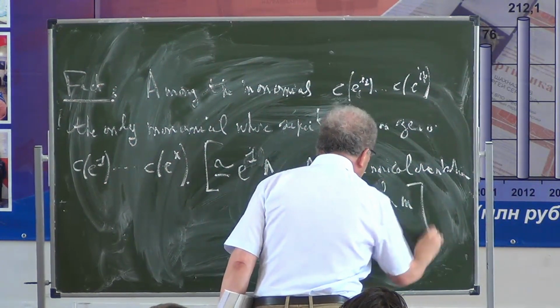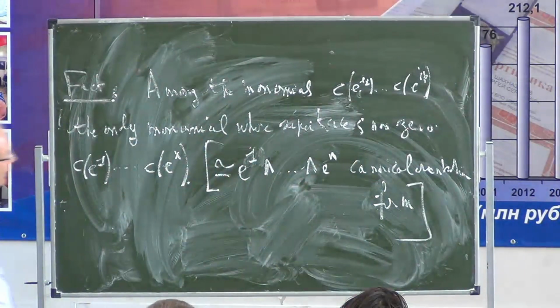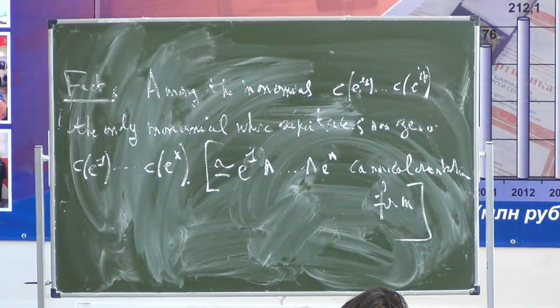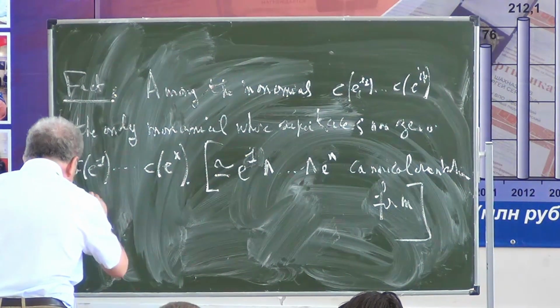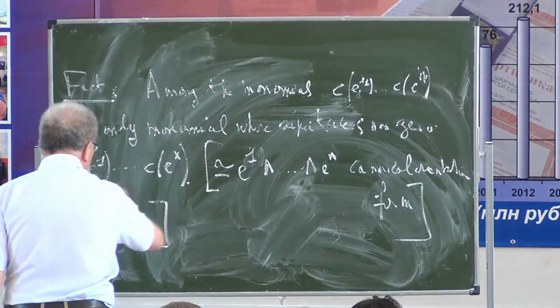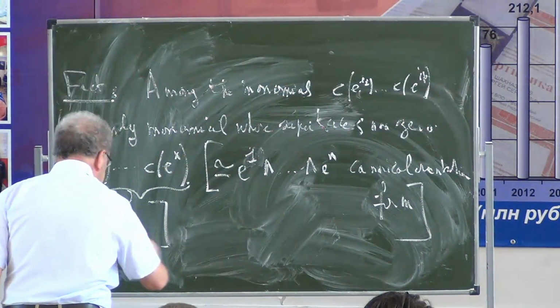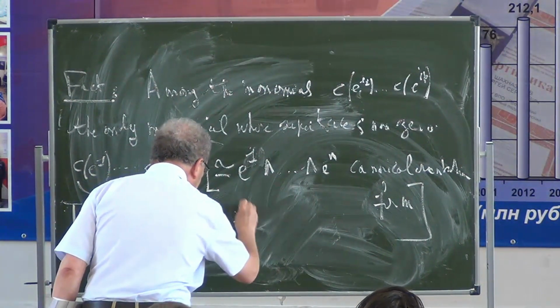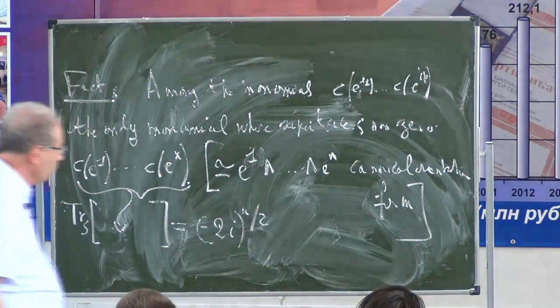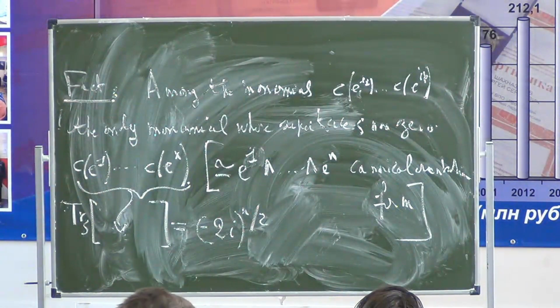On an oriented Euclidean vector space, there is just one orientation form of norm 1, and actually the supertrace of this monomial here is given by minus 2i to the power n over 2. So that's an elementary fact.